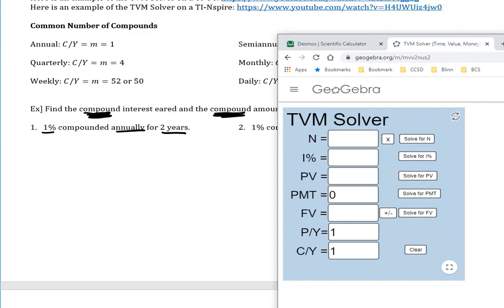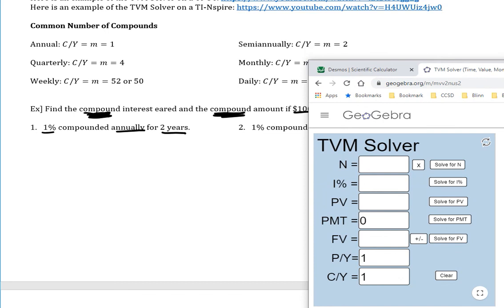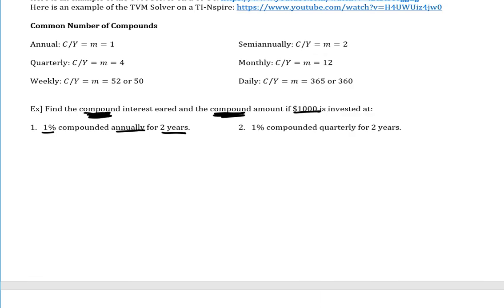So what I'm going to do is just have this to the side for now. And I'm just going to copy all of this, just with the blanks for now. So I'm going to do N equals, and then I% equals, and then PV equals, and then PMT equals, and then FV equals.